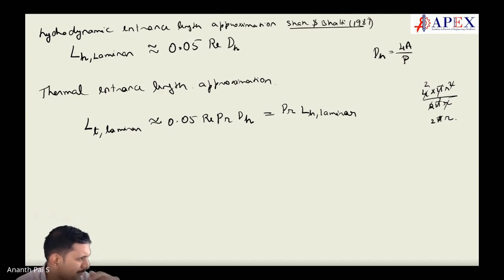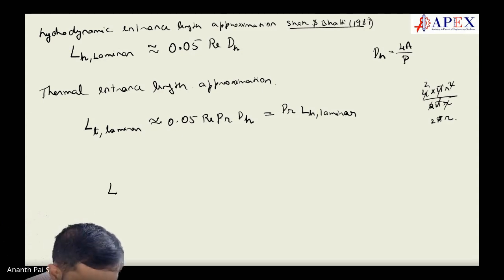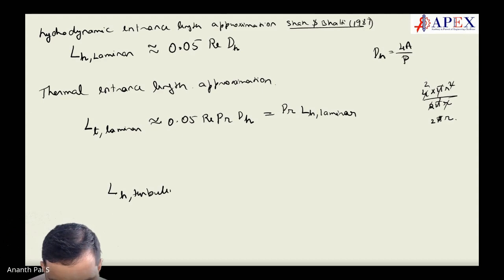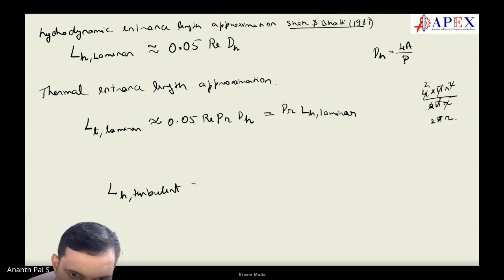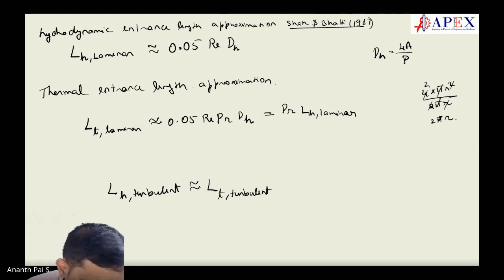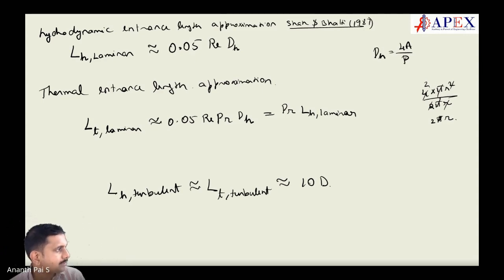Let us do one problem just like that, so that you could get it. And for turbulent, let me tell you, LH for turbulent and LT for turbulent are almost equal to 10 times D. It generally becomes 10 times the diameter, the entry length for turbulent.